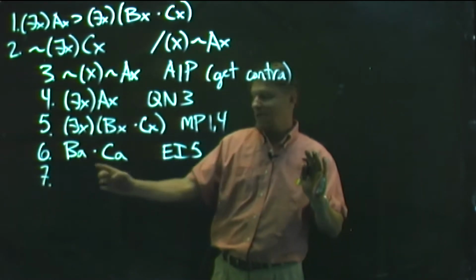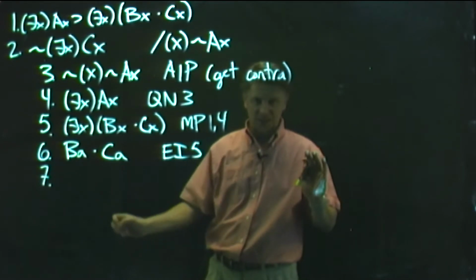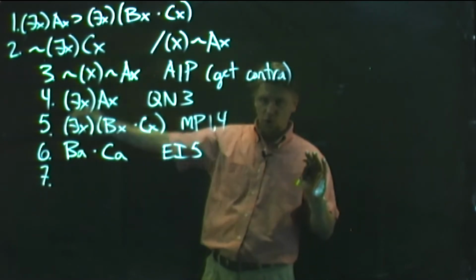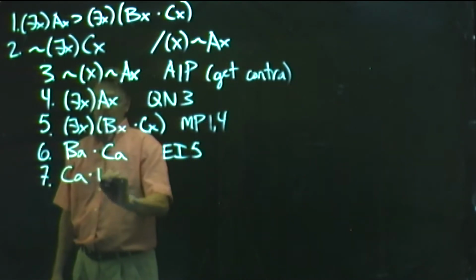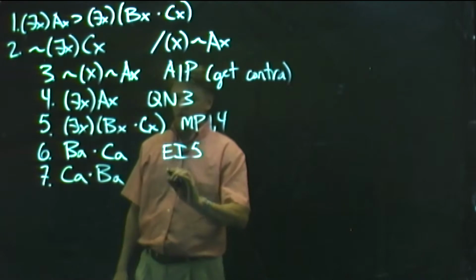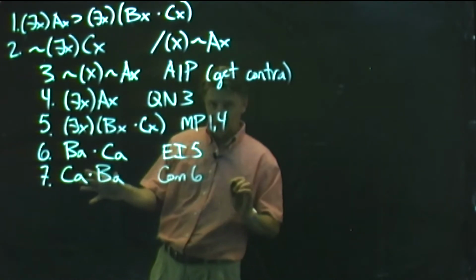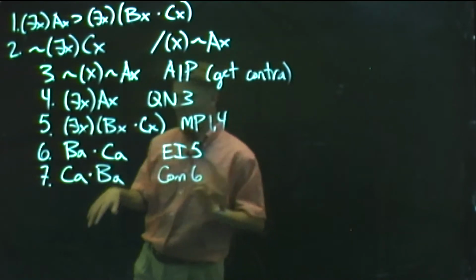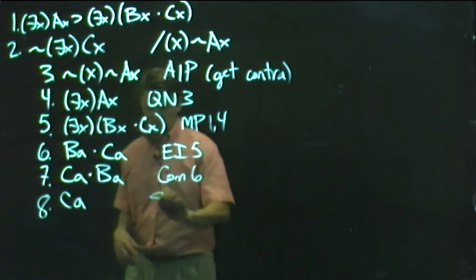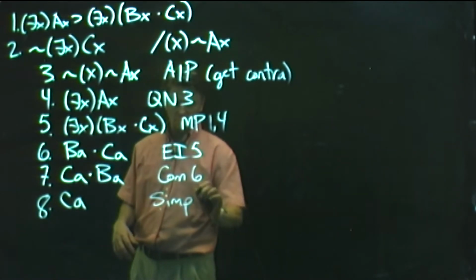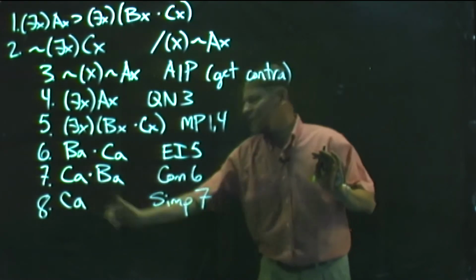Once we have this, the main operator is the dot, so I'm going to do com, and then I'm going to simp off the CA so I can work towards getting a contradiction with number 2. Always remember that you have to do com here to get the CA on the left-hand side, and then once you get it on the left-hand side, we can simplify. Okay, so simp on 7, we get CA.